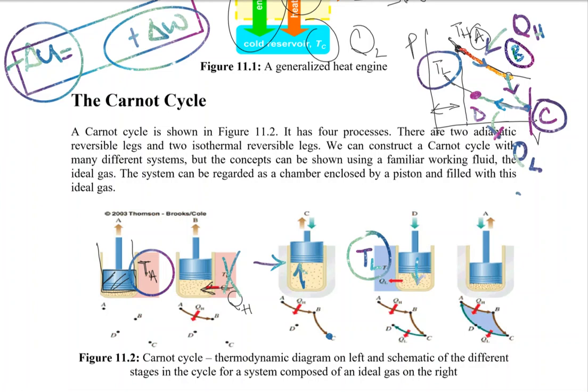Now again, removing the reservoir. From C to D, we have heat removal from the system to a low temperature reservoir. Now we take the low temperature reservoir out and let the piston still compress from D onward.